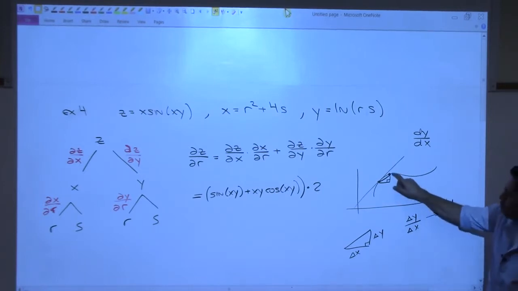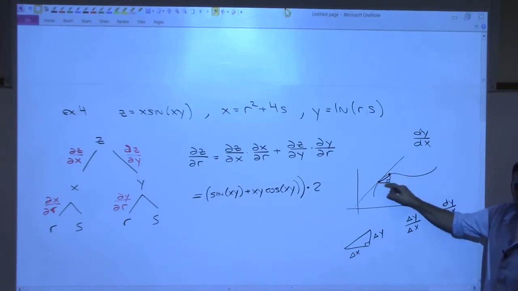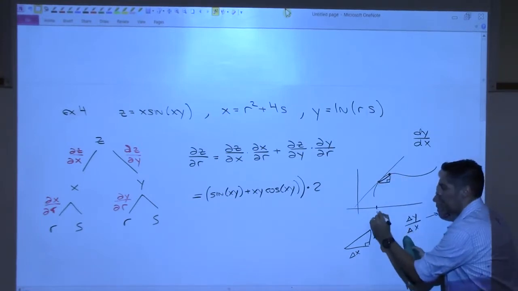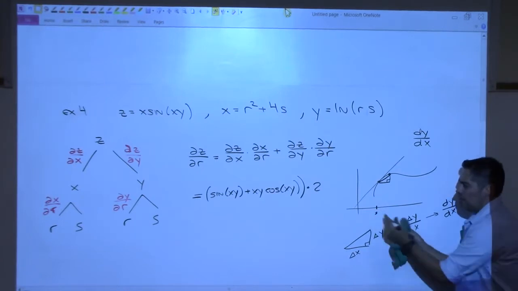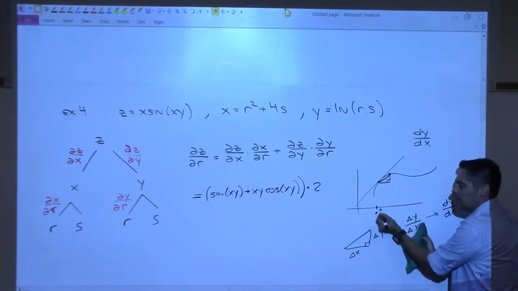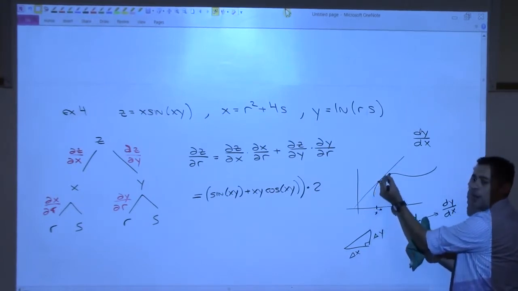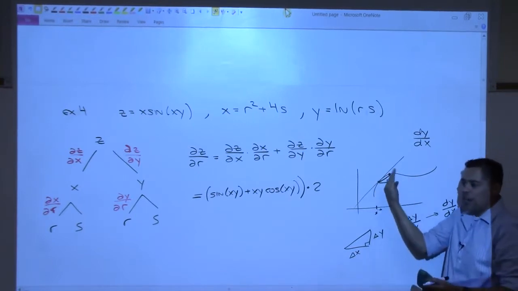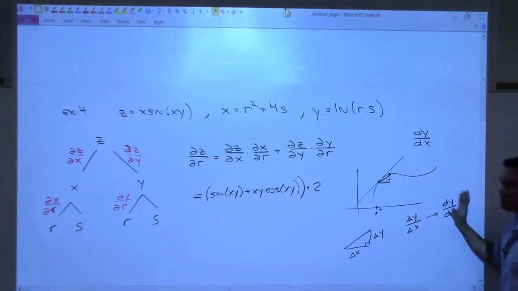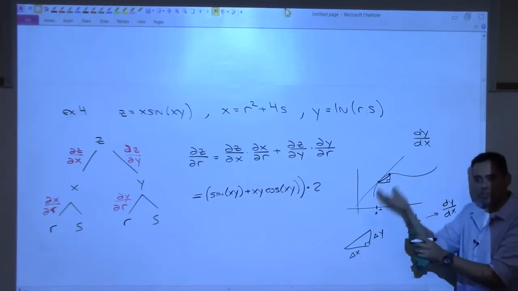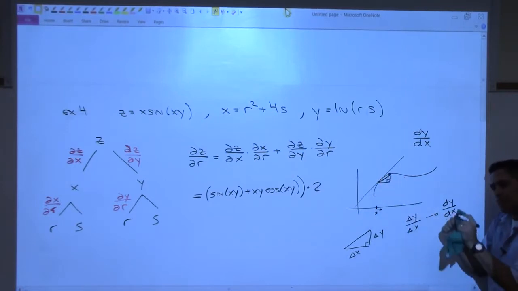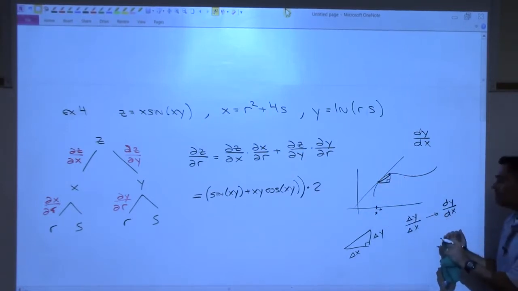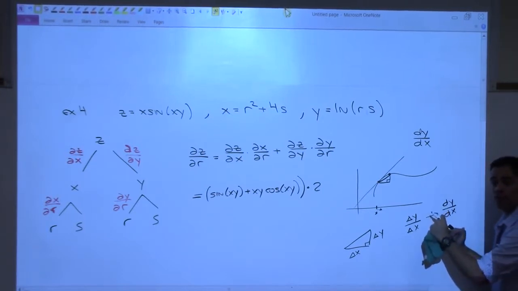And that's what happens when you move that point on top of the other one. So the idea was that if x changes just a little bit, if I just move a little bit to the right, then my function is going to go up or down, and that change, that slope, was the derivative. So if x changes, y changes. And this represents the amount that y will change.